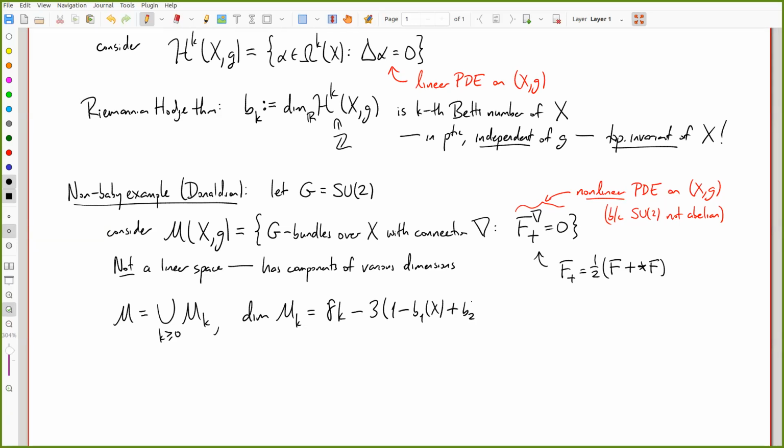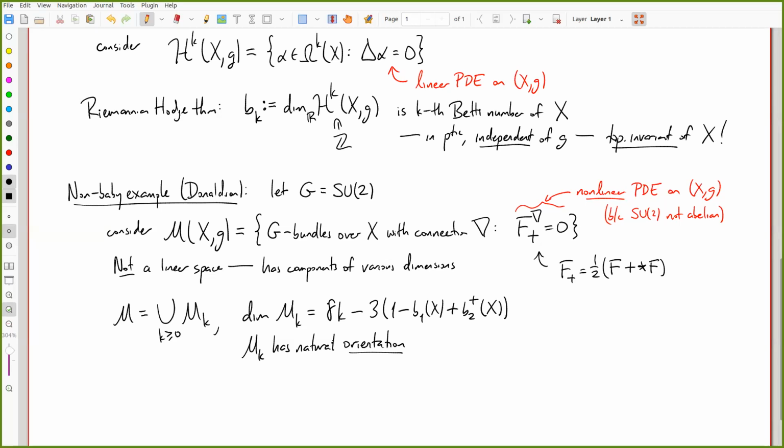B1 and B2 plus. B2 plus means the space of self-dual harmonic two forms. So it's more or less a manifold of this dimension. It has a natural orientation. Now you started with your four manifold. You built this complicated thing, which is the moduli space of instantons. Maybe you want to get some actual numbers.